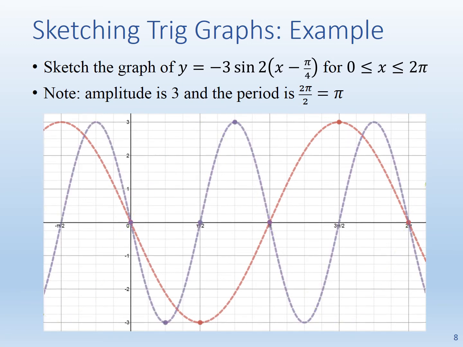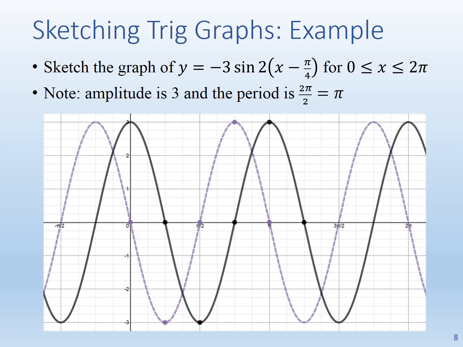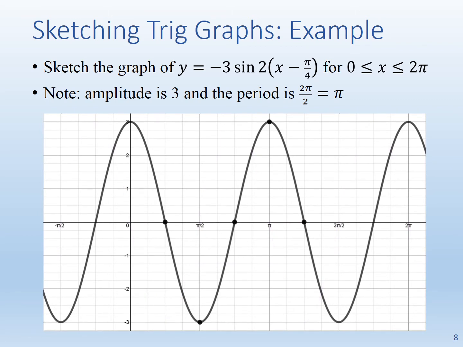We now do a dilation of a factor of 1/2 in the x direction. And then we need to move that pi on 4 to the right to get our new graph. And that gives us the required graph.